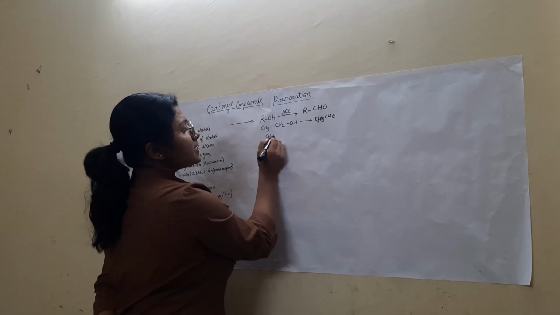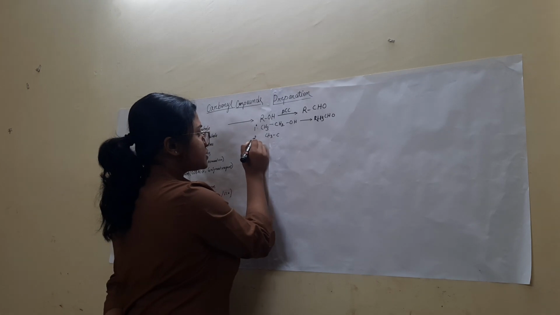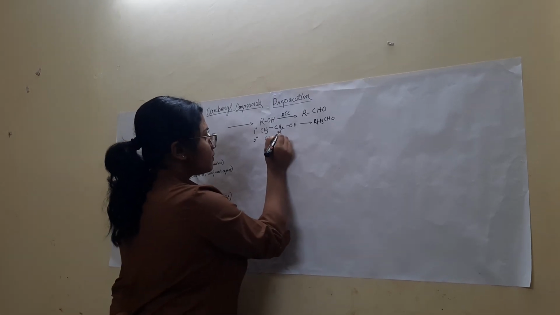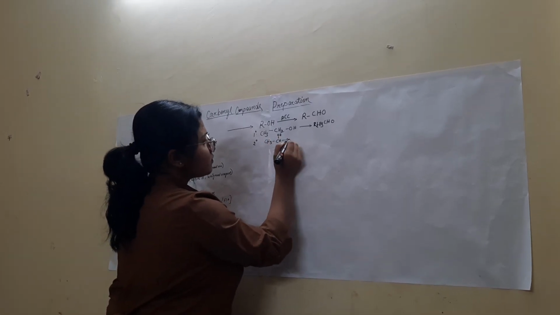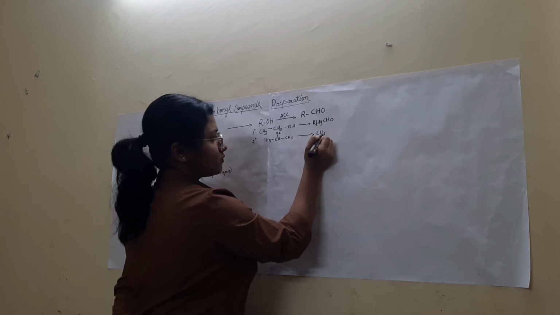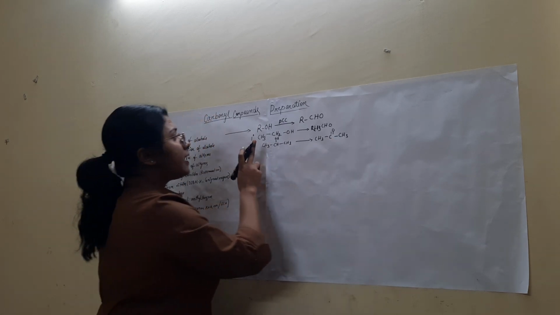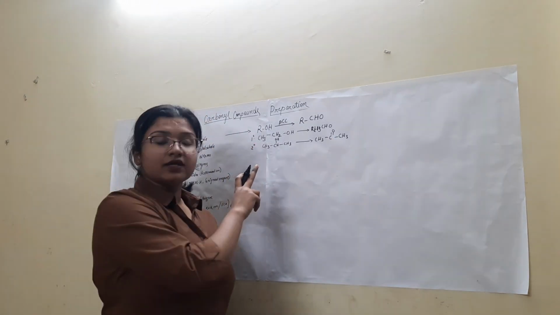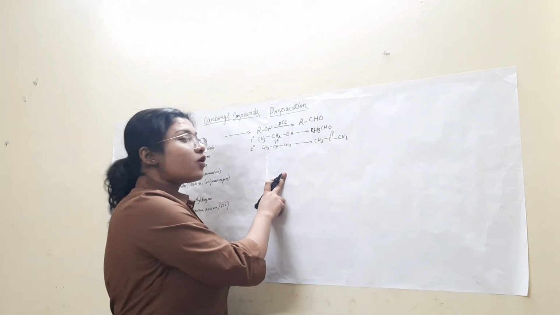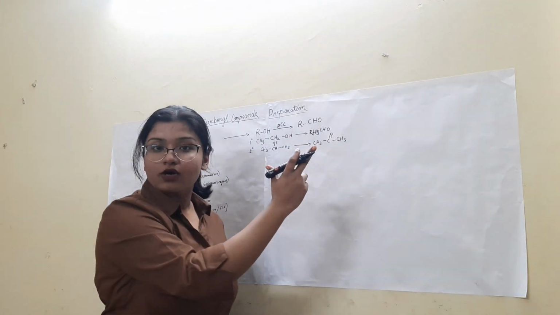If it was a 1-degree alcohol, and now it's a 2-degree alcohol, then it will be converted to ketone. An advantage of using PCC or Jones reagent is that it will not be further converted to carboxylic acid.